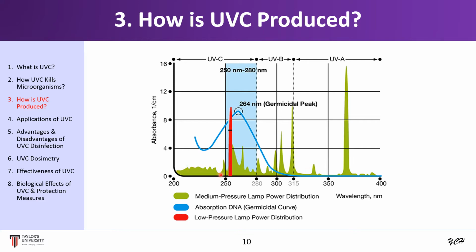The green spectrum shows the medium pressure lamp power distribution, and you can see it is a polychromatic spectrum, so it has different wavelengths. Whereas the red narrow curve here shows the power distribution for the low pressure lamp. Comparing the two methods, the low pressure lamp is preferred because it produces a very unique wavelength very close to the germicidal peak.